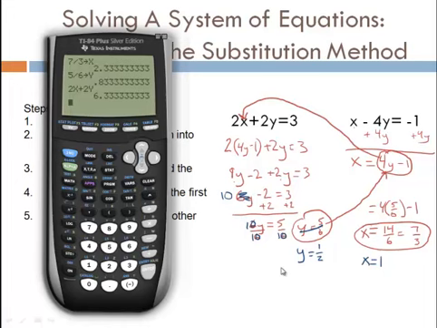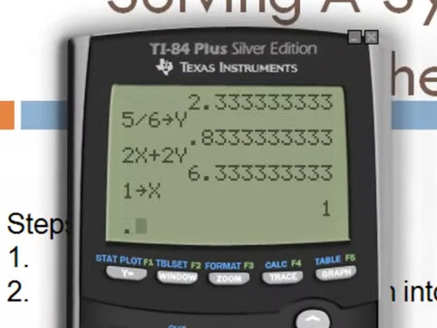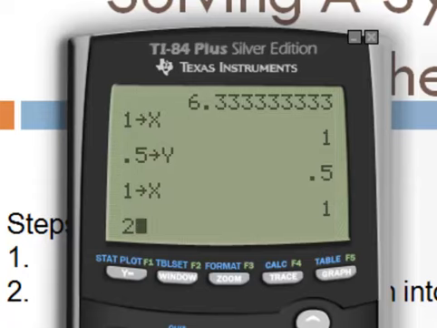We'll go back to our calculator and store 1 in for x, and store 1/2, or the decimal point 5, in for y. 2x plus 2y.